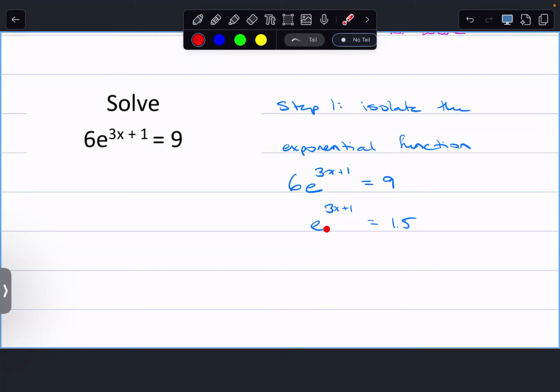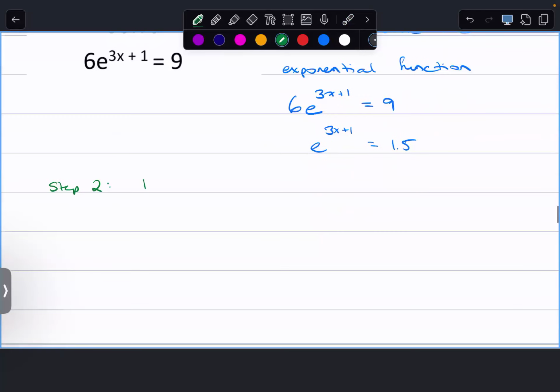Luckily, it's my go-to base anyways, and so I'm going to use the natural log, one, because it's my favorite, but two, it is base e, and so it's going to have that kind of magical turn it into 1 property, right? And so step 2, take the log, can be any base, but I will use the natural log of both sides.